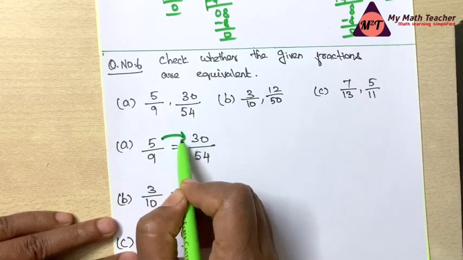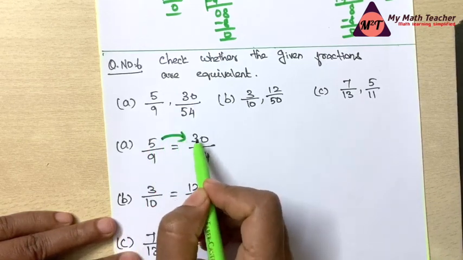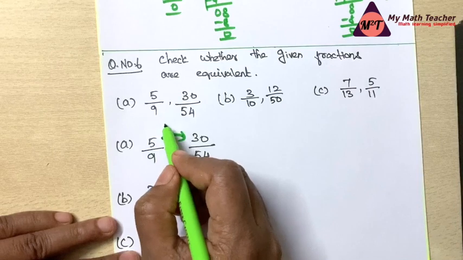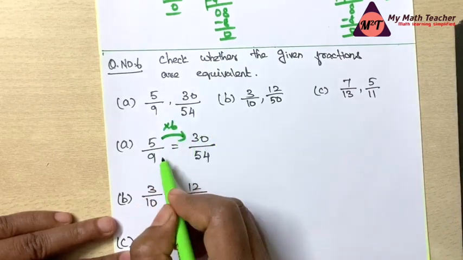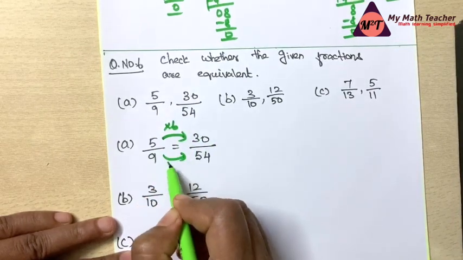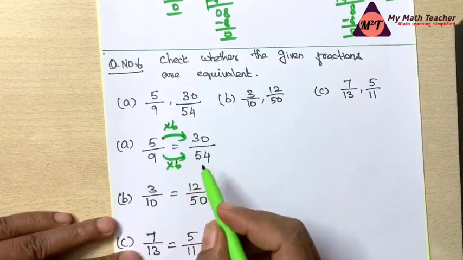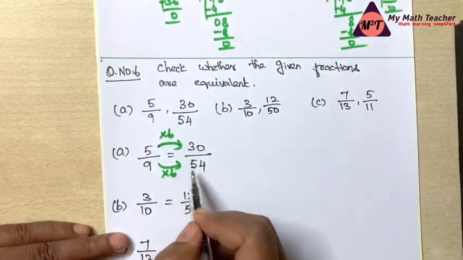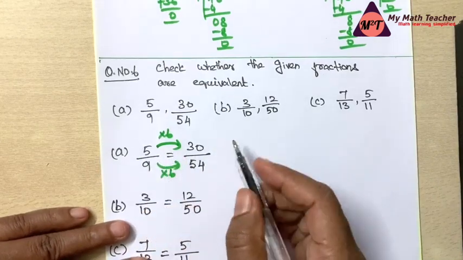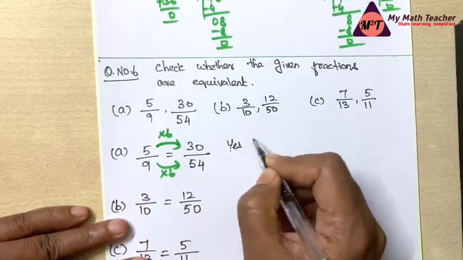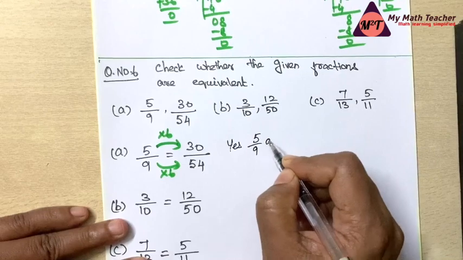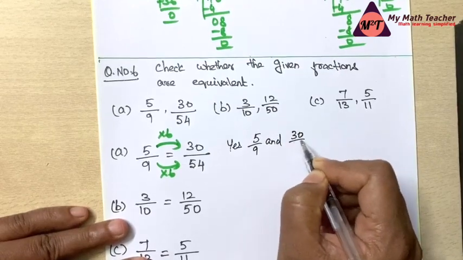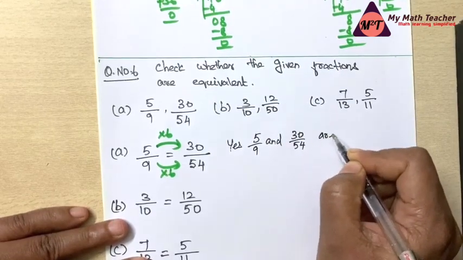Now you know you have to multiply to get 30. 5 6s are 30. Now let us check the same applied to the denominator as well. We know that 9 6s are 54. Yes, we can say both the fractions are equivalent. Yes, 5 by 9 and 30 by 54 are equivalent.